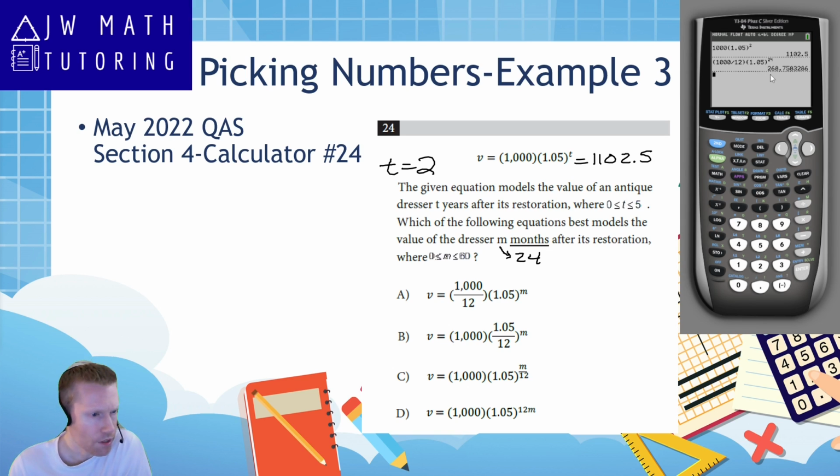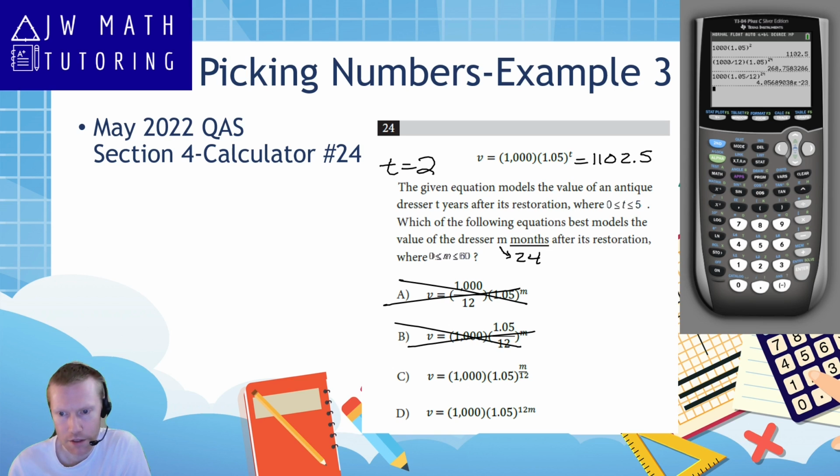Okay, that's 268.75 something, so that answer is incorrect. Second answer choice, now I have 1,000 times 1.05 divided by 12, and then raised again to the m power, so to the 24th power. Okay, that is some fantastically small number, so that's obviously not the correct answer.